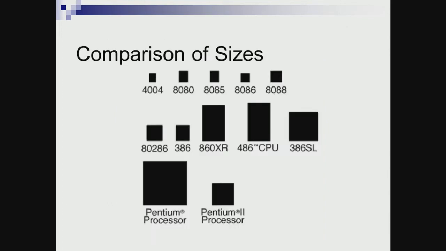And when you see the comparison of die sizes, please note that the die size has not grown very big, but the number of transistors that we put inside a die, that is transistors per unit area, has significantly increased, and that is the integrated circuit revolution.